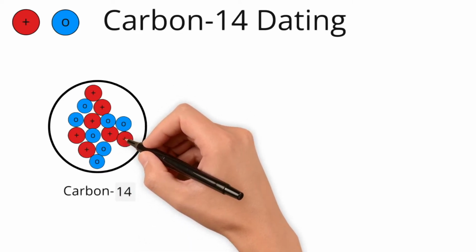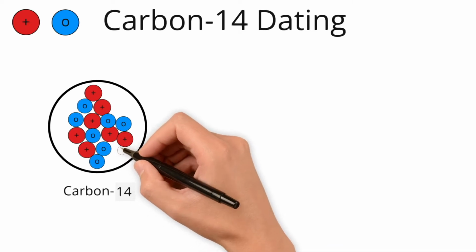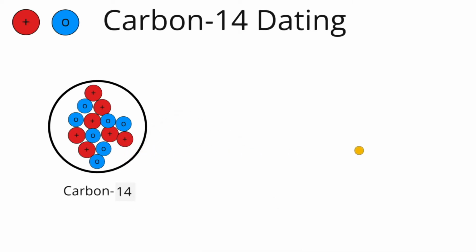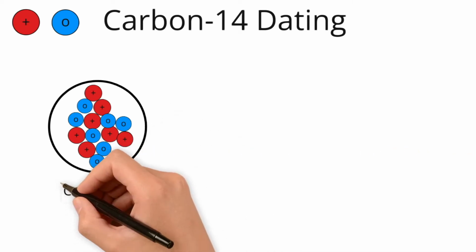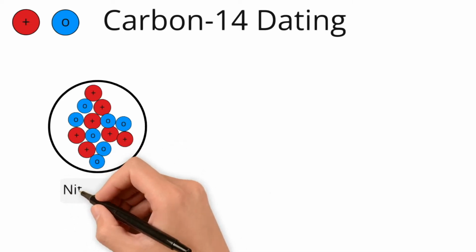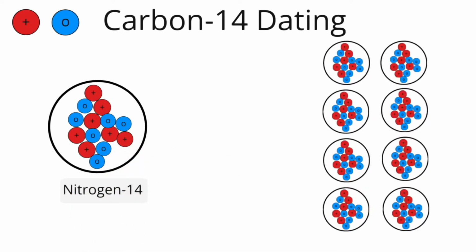Carbon-14 is unstable and gradually decays by one of its neutrons splitting into a negatively charged electron and a positively charged proton. The electron is spat out and the new atom is nitrogen-14. When an organism is alive and breathing in and out, exchanging carbon with the environment, its carbon-14 to carbon-12 ratio will match the environment. But once it dies, its carbon-14 amounts will slowly but surely disappear.